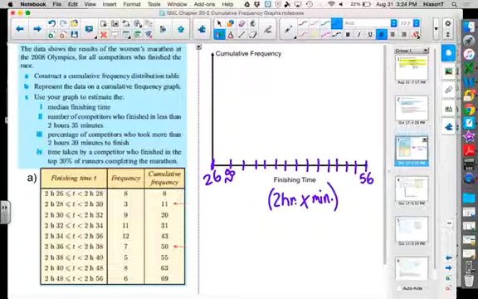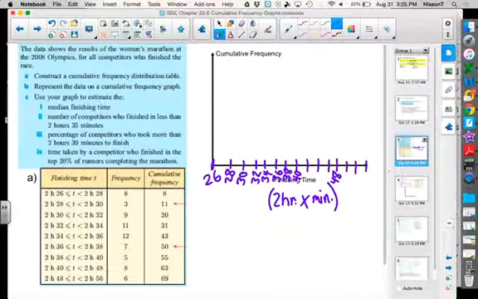We had 26 to 28, 28 to 30, 30 to 32, 32 to 34, 34 to 36, 36 to 38, 38 to 40, and then from 40 it jumped to 48, so 42, 44, 46, 48, and then from 48 they went up to 56, so 50, 52, 54, oops, I missed a there, 56.